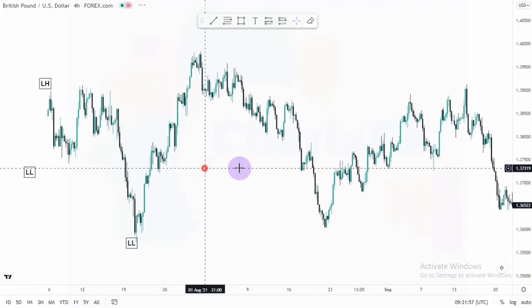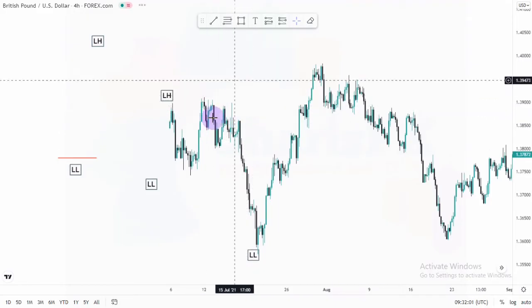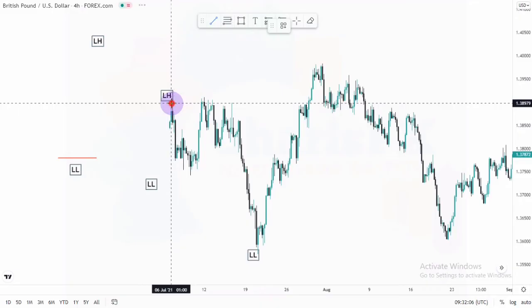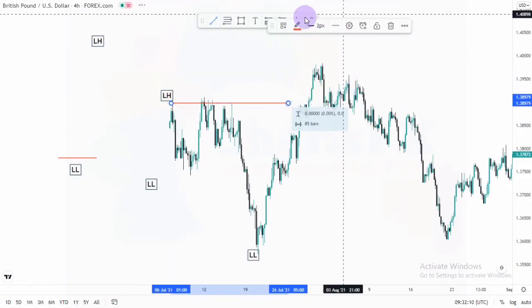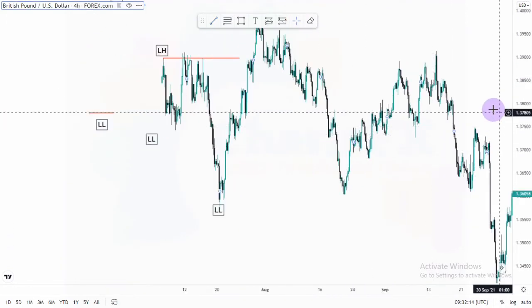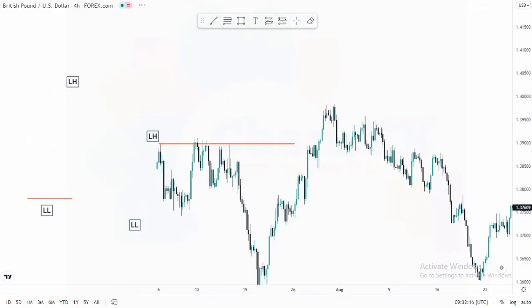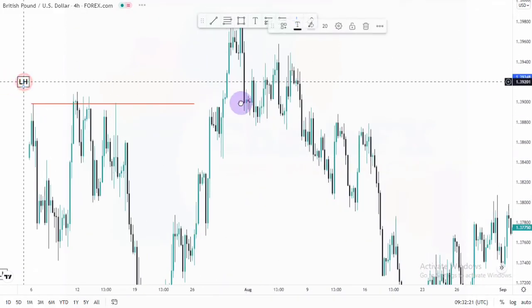Then we had a run on liquidity here. Price had a run on liquidity above relative equal lows. Here there's liquidity residing above this. Price took out the liquidity, and then we continued with our structure formation. So right from here also you can see that the structures continuously formed.